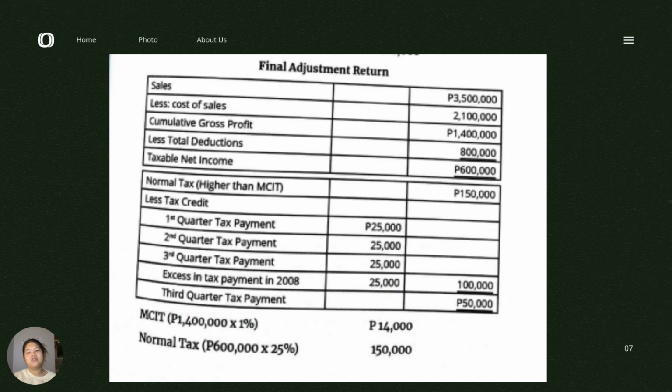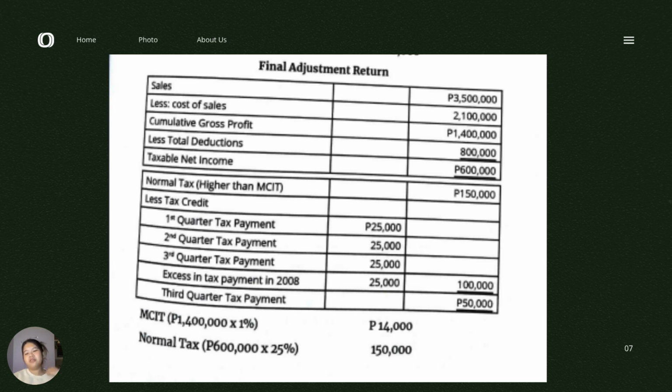After deducting total operating expenses of 800,000, the taxable net income is computed at 600,000. Applying the 25% corporate income tax rate, the normal tax is 150,000. Again, 25% of 600,000 results in 150,000, but the MCIT is only 14,000, so we will use the 150,000.